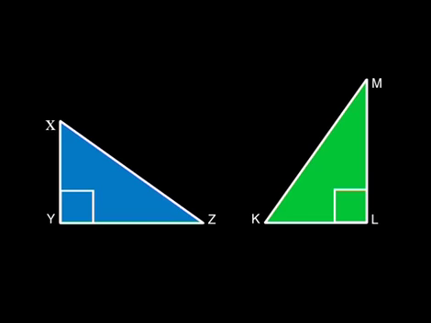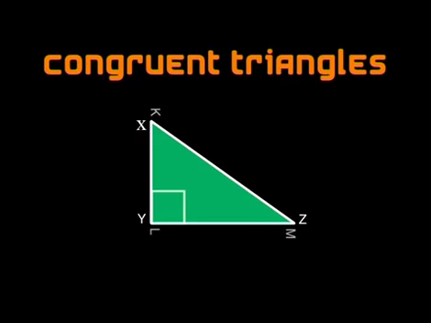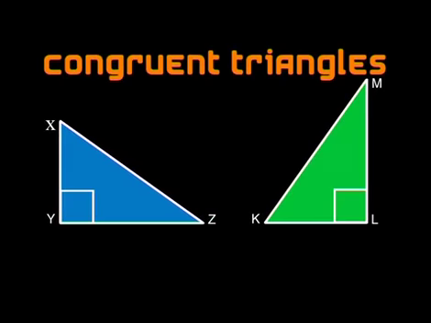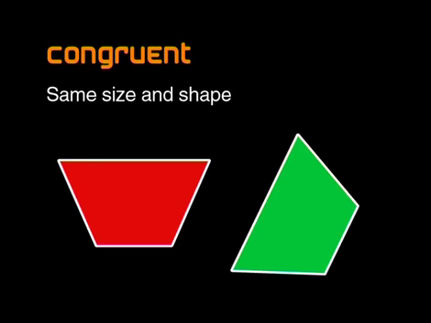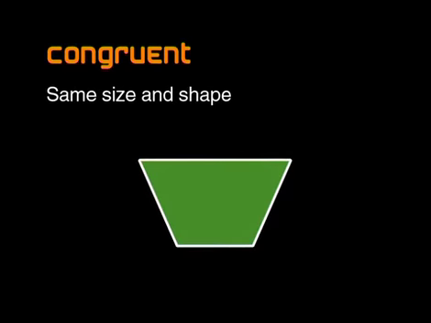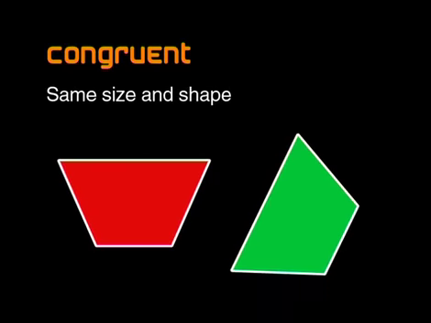In previous grades, you worked quite often with congruent triangles such as triangle XYZ and triangle KLM here. Congruent triangles provide useful tools for proving riders, but more about that later. Any two shapes or polygons are congruent if they are exactly the same size and shape. This means that all their corresponding angles and side lengths are exactly the same.